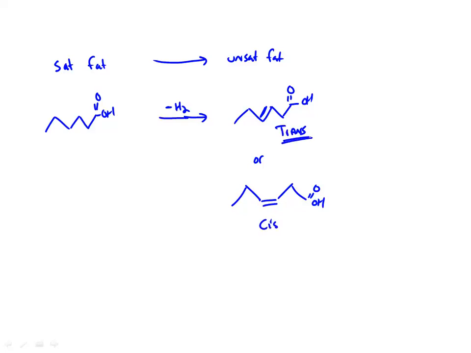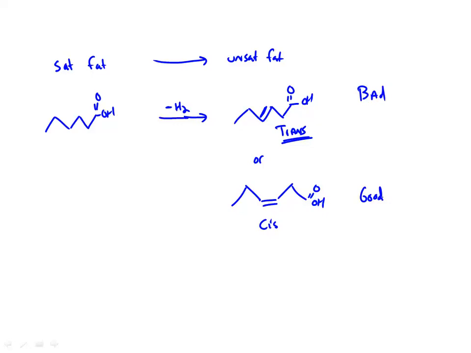So one of the things that people used to do more of, now it's pretty much verboten, is they used to take saturated fats. If they wanted to make it unsaturated, then they would simply take away the hydrogens and do a dehydrogenation process, and they'd make trans and cis fatty acids. But what do we know about trans fatty acids? Yeah.